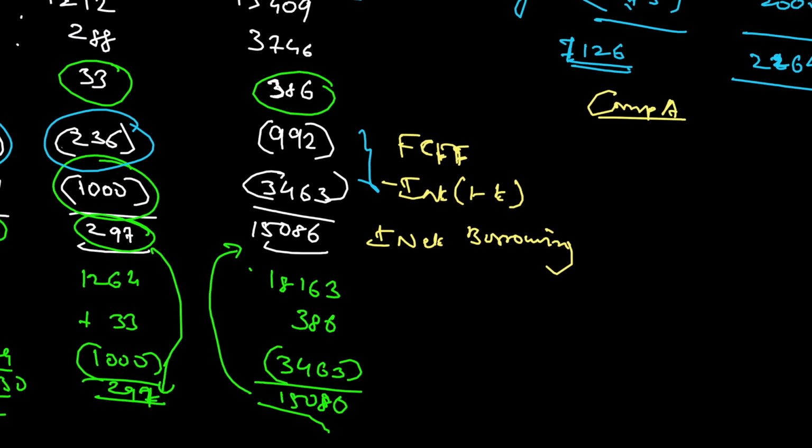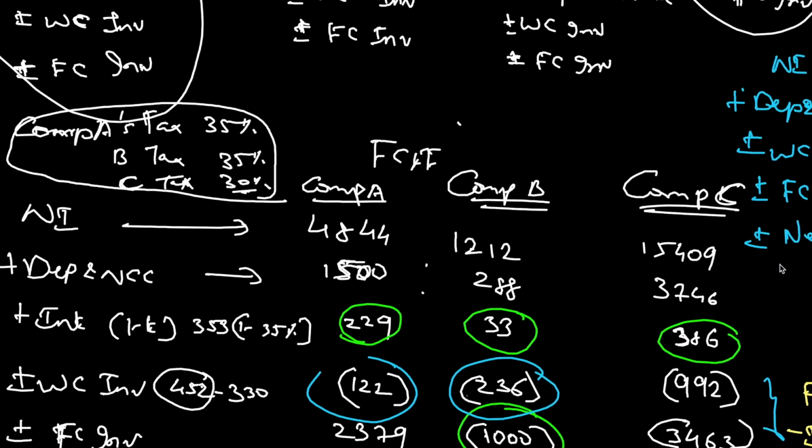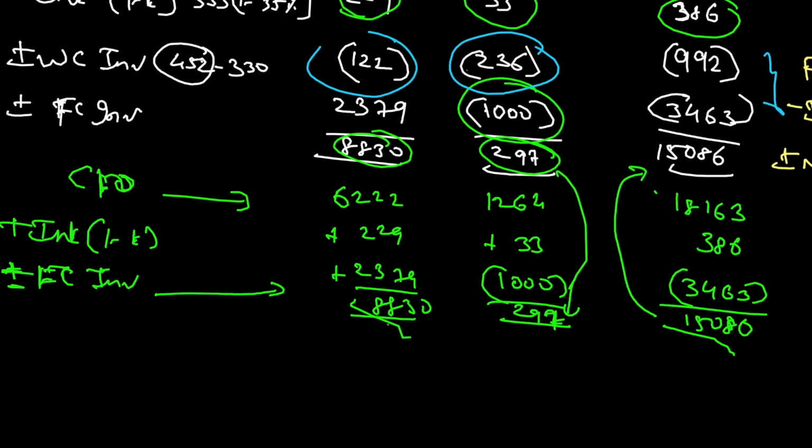Free cash flow to the firm for company A, here it is, 8830. This is free cash flow to the firm, and this is also free cash flow to the firm.